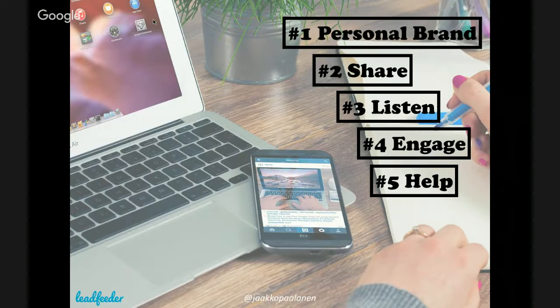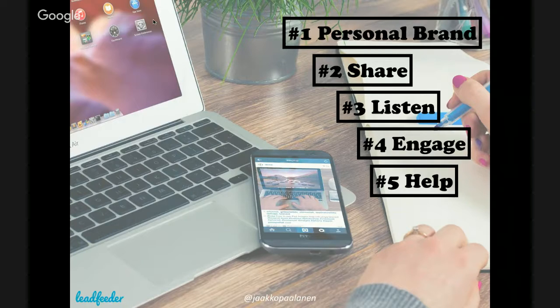Your own profile is basically your own brand, like your own company's brand, and your personal brand is more important for selling than your company's brand, because they are buying from you, not from your whole company when you are in contact with them.